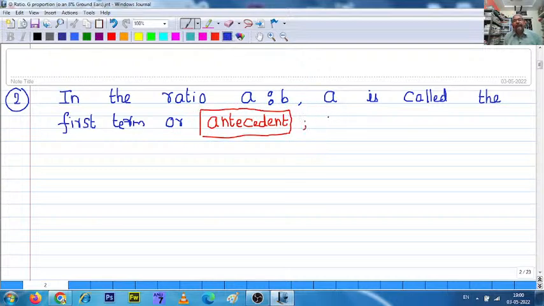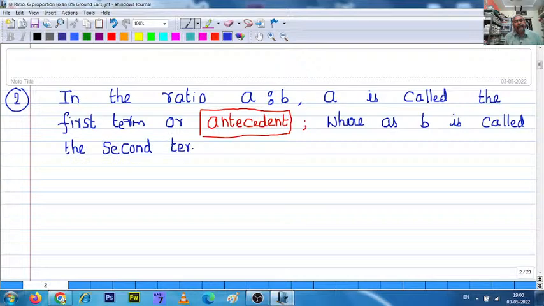whereas B is called the second term, or it is termed as consequent. So how do you name the two terms of the ratio A is to B?